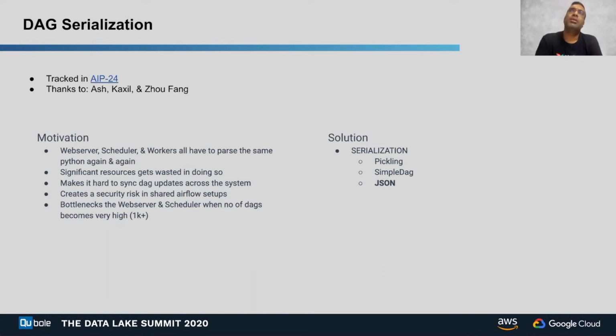The other point is how to share the SimpleDags across the different processes, like the web server, the scheduler, and workers. Sharing that SimpleDag object across these systems would be difficult. So the last one, which is the choice here, is the JSON one. All these DAGs will be serialized into JSON format, and we will not be keeping the complete DAG as it is.